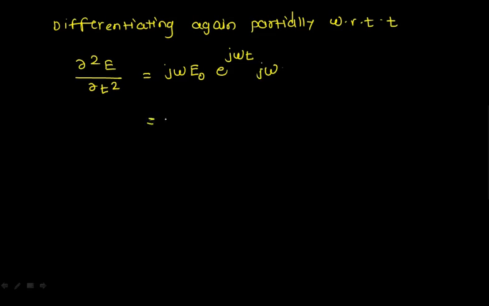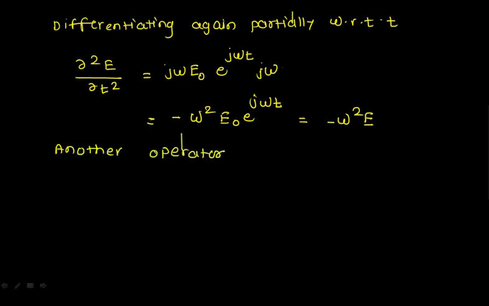So j into j will give minus omega square E0 e raised to j omega t. This E0 e raised to j omega t is nothing but E. So minus omega square E. So I can define another operator here: d square by dt square is equal to minus omega square.